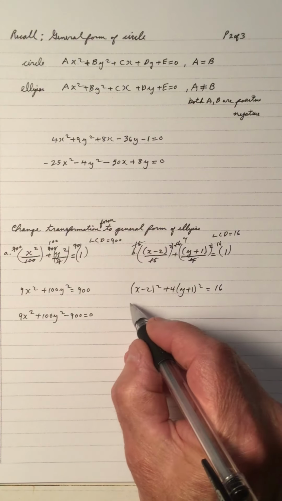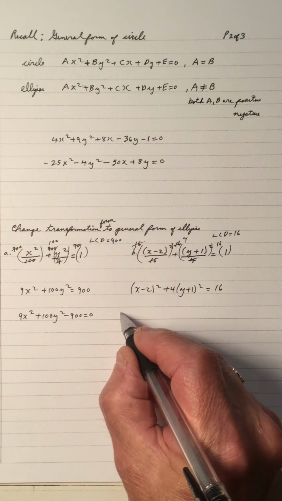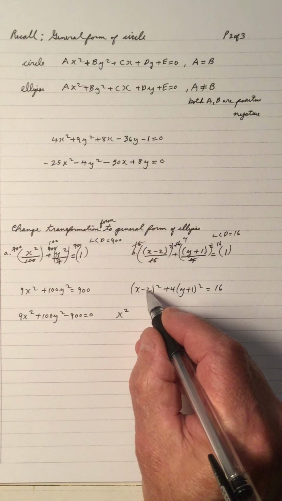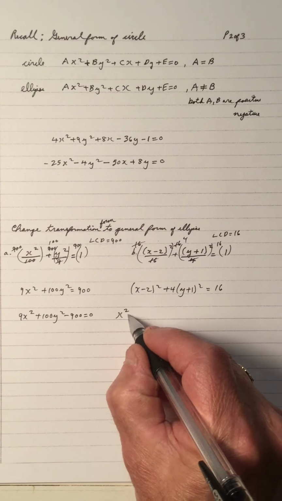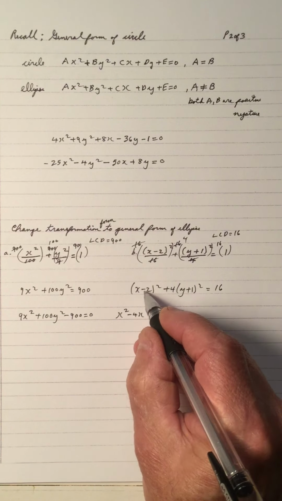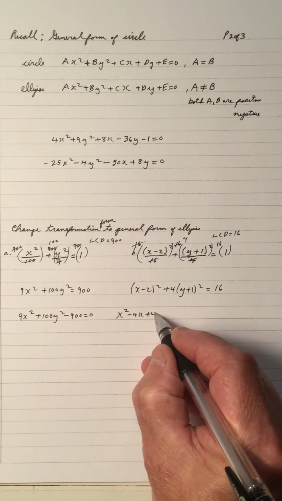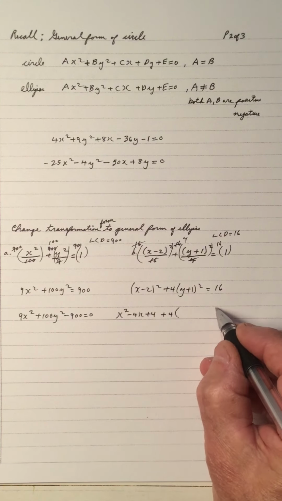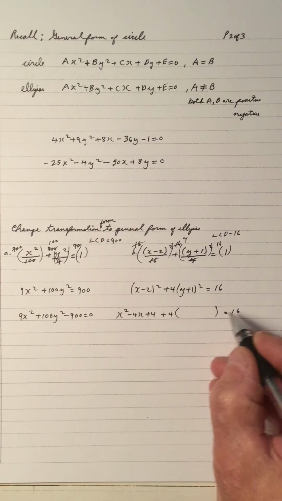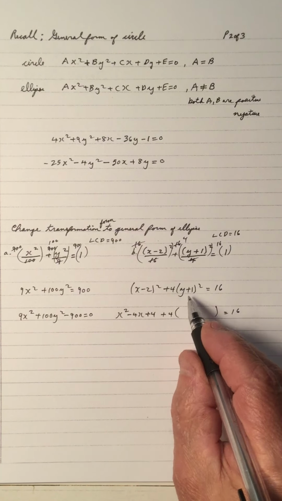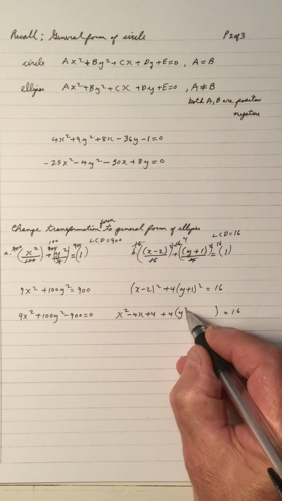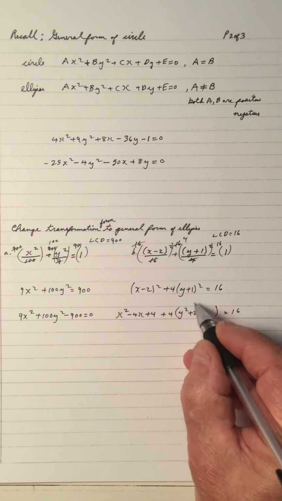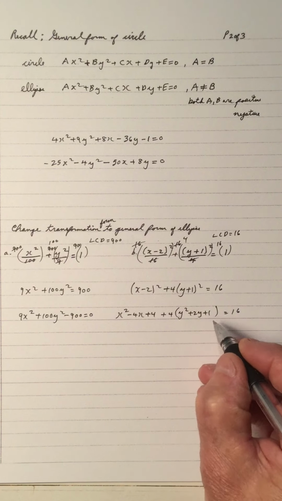Now we'll take our time and square this out. It's a binomial, so x is squared. The product is negative 2x doubled, negative 4x. Negative 2 squared is 4. We square first and multiply after. y squared is y squared, the product is 1y doubled, which is 2y, and 1 squared is 1.